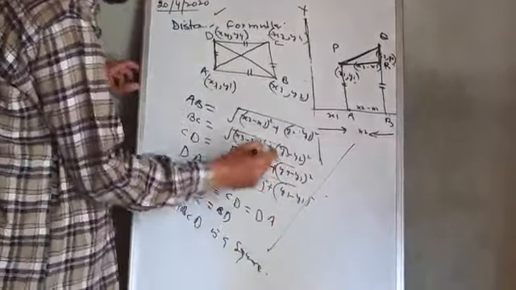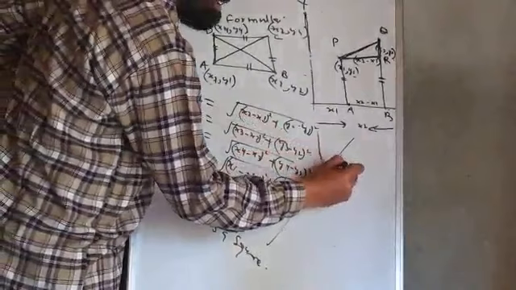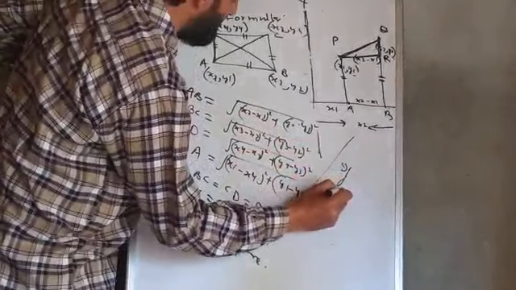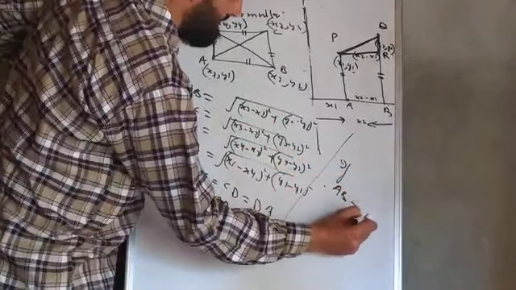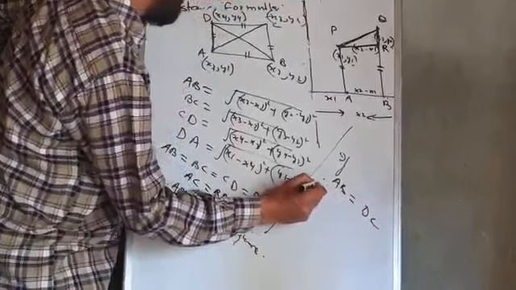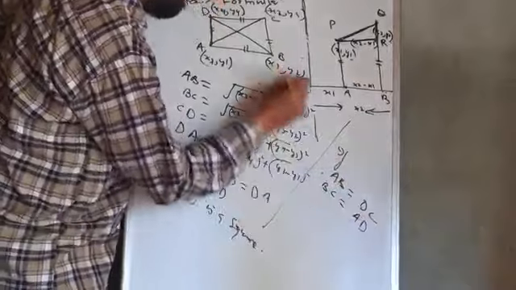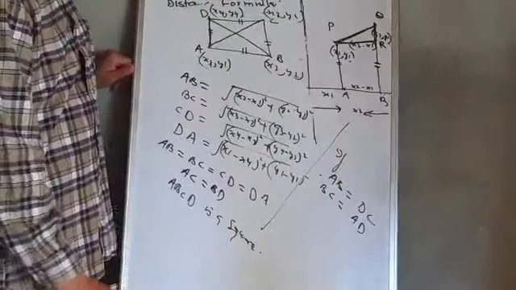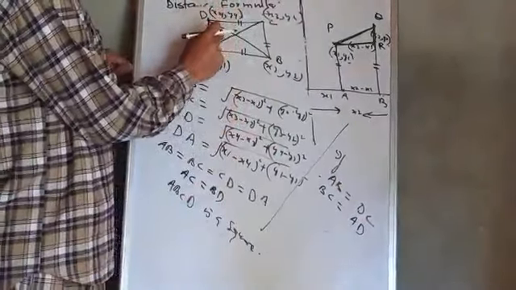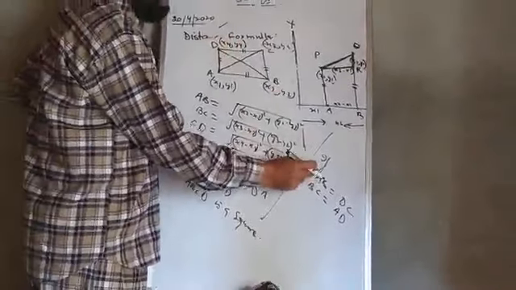Again, if AB is equivalent to DC and BC is equivalent to AD, that is, opposite sides are equal, then this is a rectangle or a parallelogram.